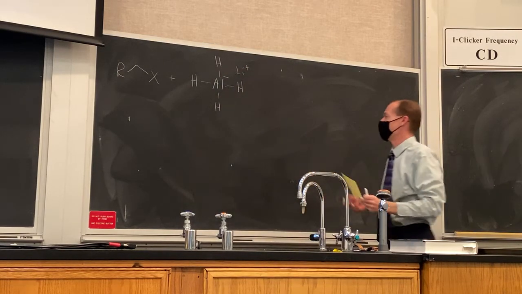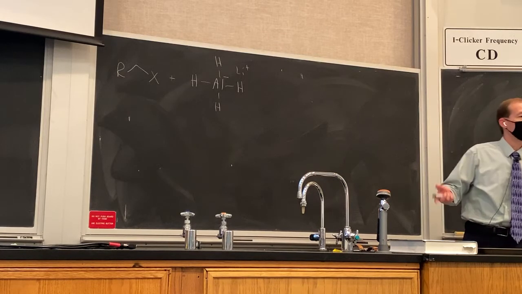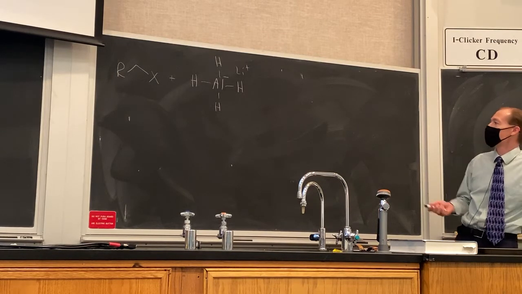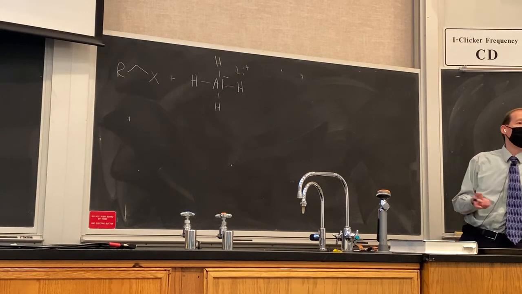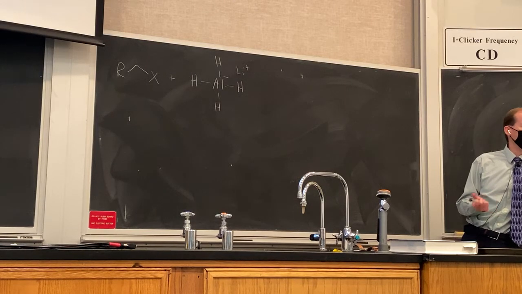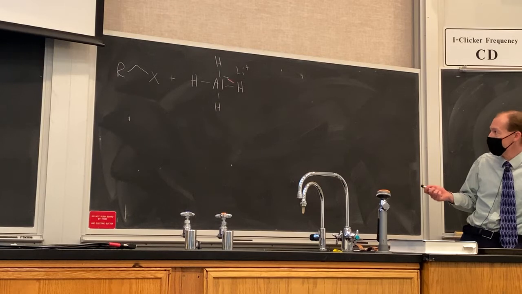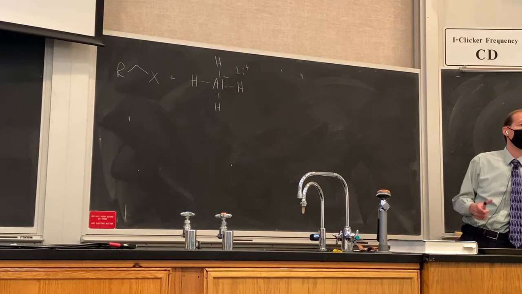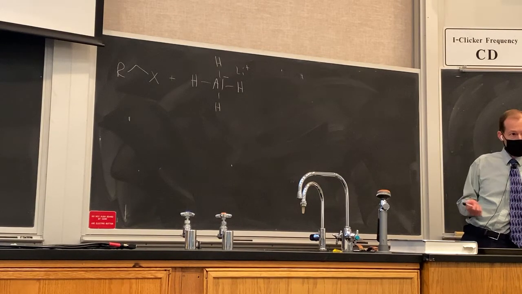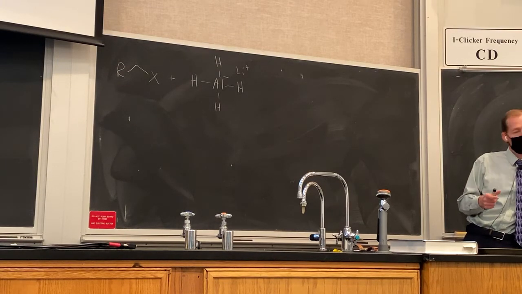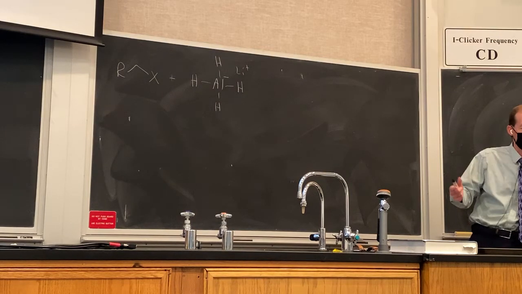Remember that this is just a quirk of the way we draw Lewis structures. We draw the negative charge on the aluminum, but since the hydrogens are more electronegative than aluminum, the negative charge is shared by those hydrogens. So we have four hydrogens, each with a partial negative charge. These hydrogens act similar to hydride, or H minus.